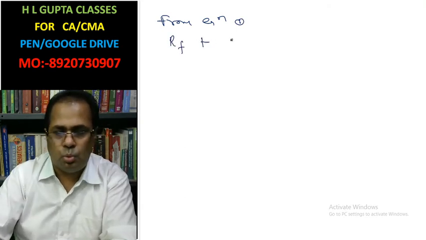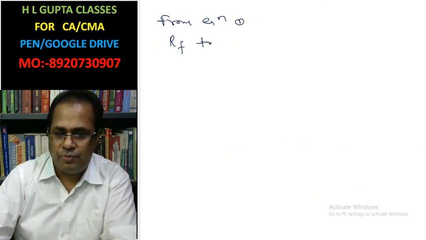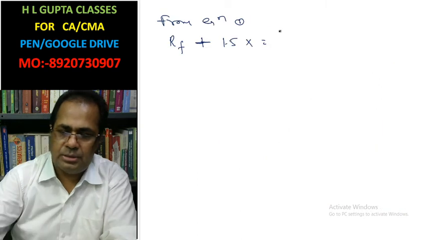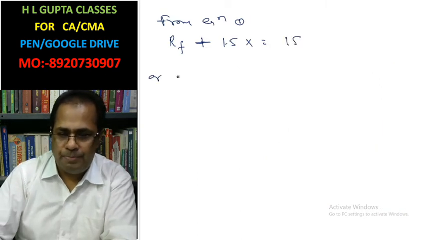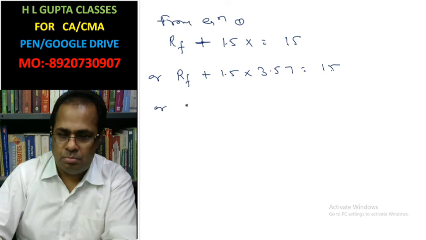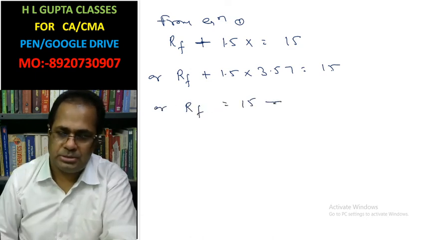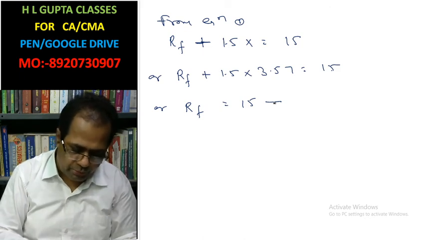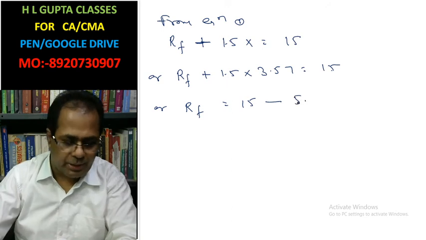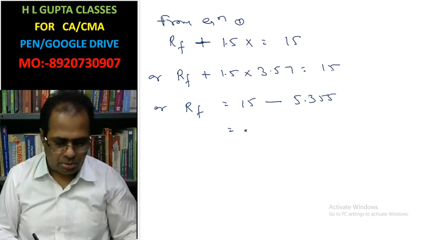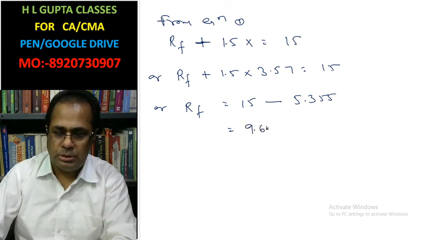Risk-free plus 1.5X equals 15%, so risk-free equals 15 minus 1.5 into 3.57. 1.5 into 3.57 is 5.355, and 15 minus 5.355 is 9.645%.